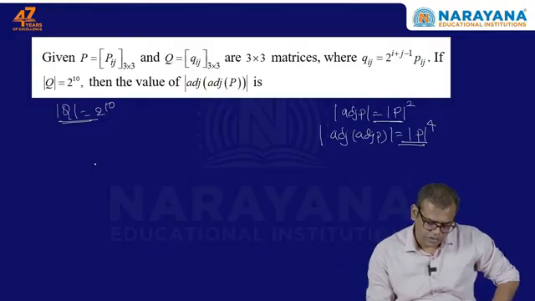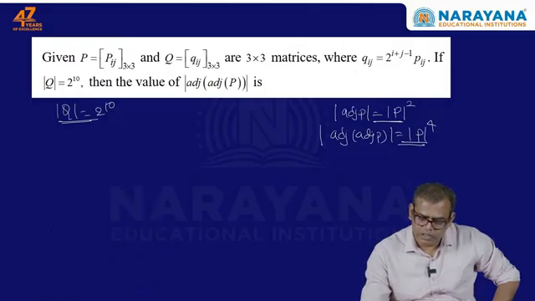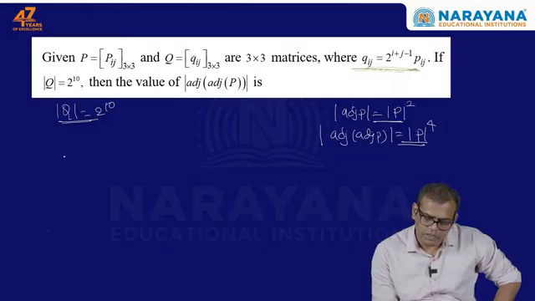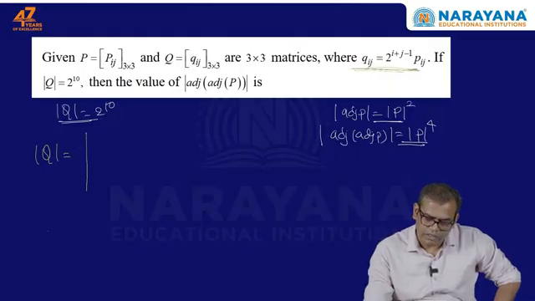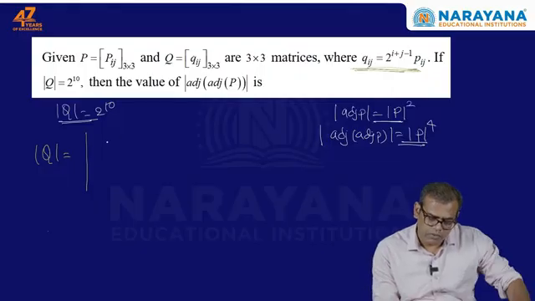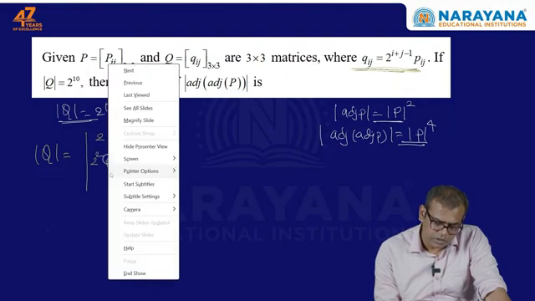And one more piece of information is given here. This relation is given, so write this relation here. Q is a matrix, determinant of Q. Follow this pattern now. So here first row first column element will come, 2 into first row first column element, 2 square first row second column, 2 to the power 3 first row third column element.